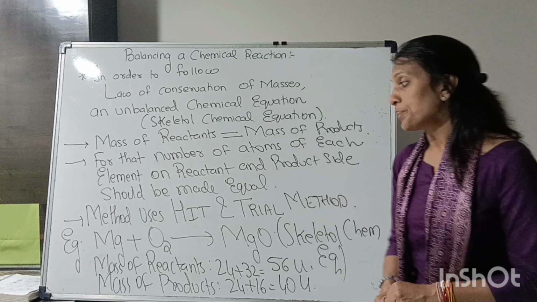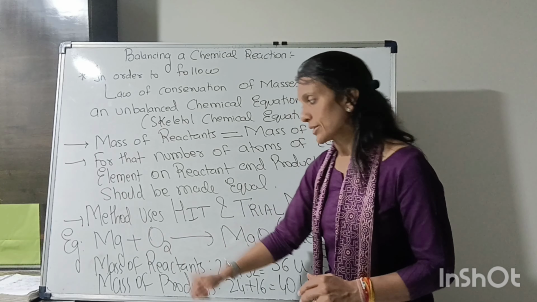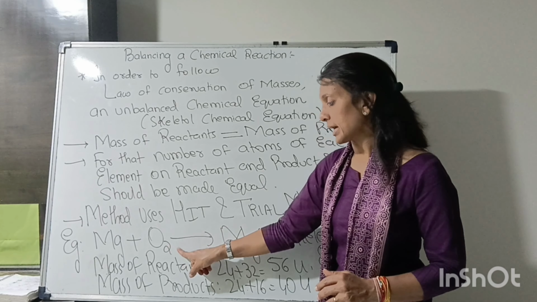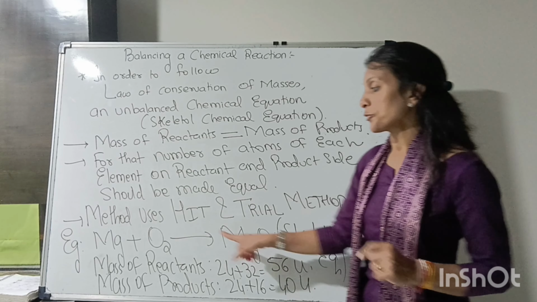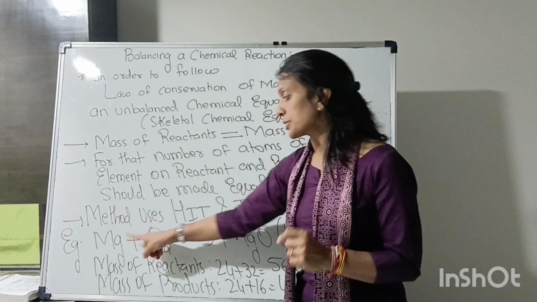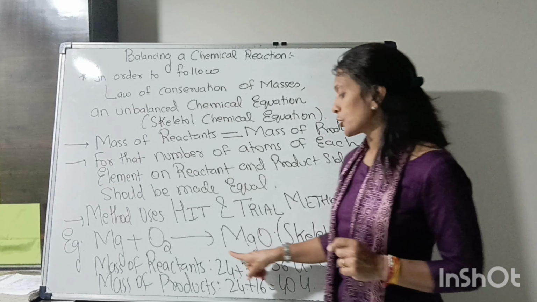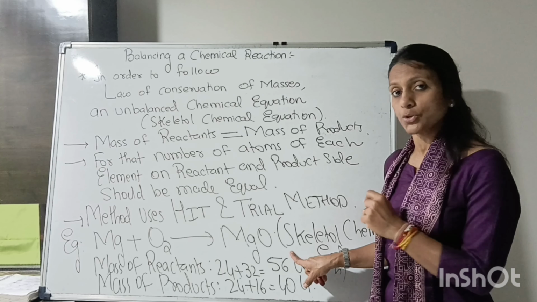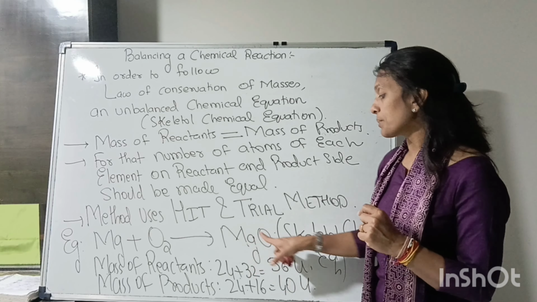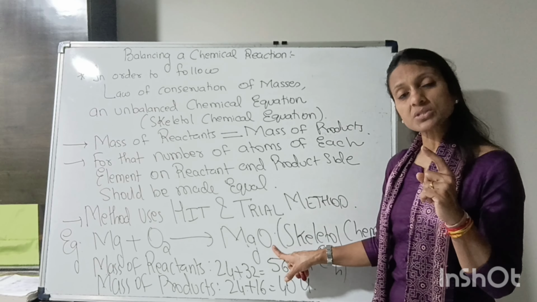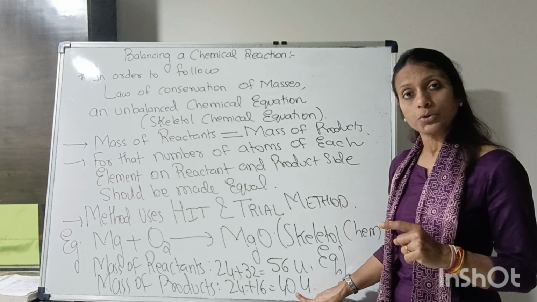Done? So, let's take the example of the reaction when magnesium is burnt in air to form magnesium oxide. If you calculate the mass of reactants, 1 magnesium and 2 oxygen give you a total mass of 56 u. But when you look at the product side, magnesium and oxygen have 1 atom each and the mass comes to 40 u.